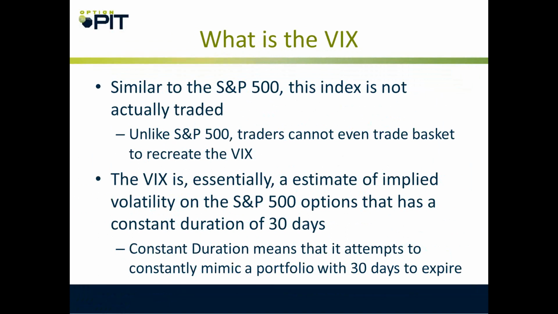Similar to the S&P, the index is not traded. A lot of people don't know this. You can't just go out and buy the S&P 500. You can buy a basket of the stocks. You can buy a future. You can buy SPY. You can buy a mutual fund. You can buy an index fund. You can buy all kinds of things that attempt to be the S&P, but you can't just go buy the S&P.